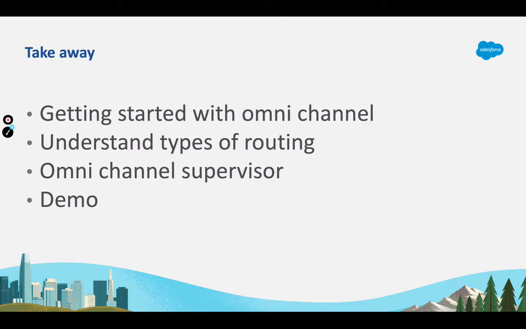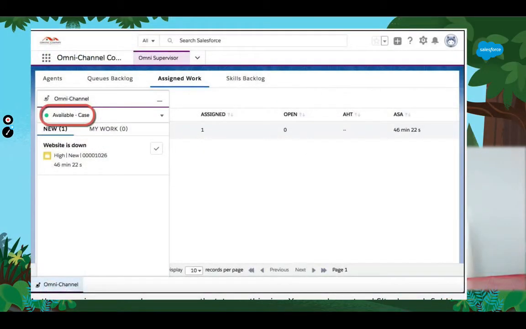Then we have another topic called Omni-Channel Supervisor, which everybody hates, like nobody wants a supervisor. It's a tool wherein you can observe all your employees, and we're going to see how that works. And then we're going to do a demo of how omni-channel looks inside Salesforce. We're going to do the complete configuration and see how it looks. So let's go ahead.